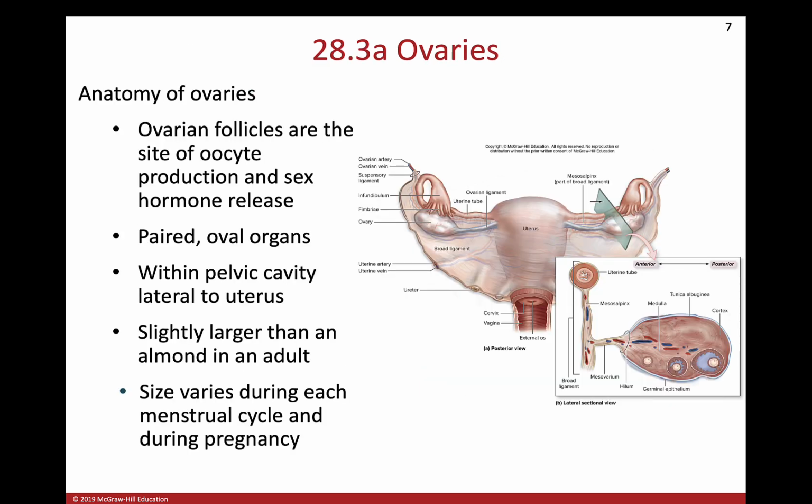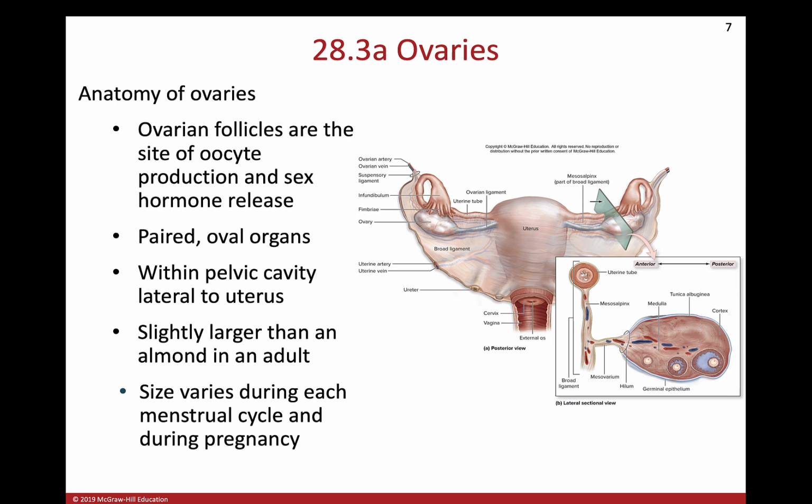Now, when we look at the ovaries, we need to keep in mind that ovarian follicles are the site of oocyte production and the release of sex hormones. Ovaries are paired organs, and they are found within the pelvic cavity lateral to the uterus. In an adult, an ovary is slightly larger than an almond.